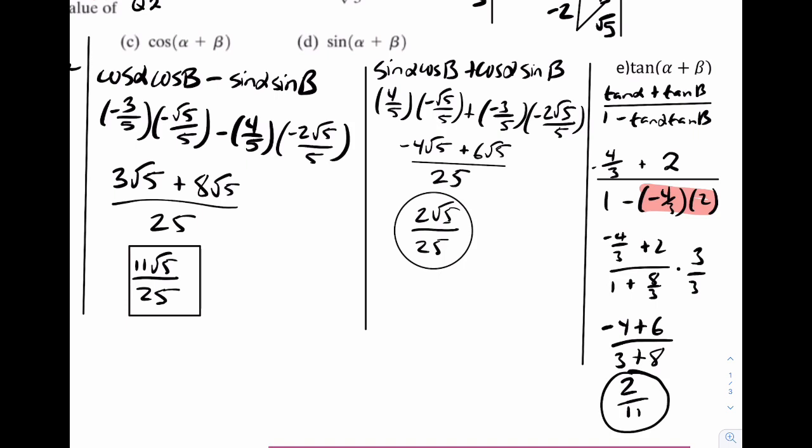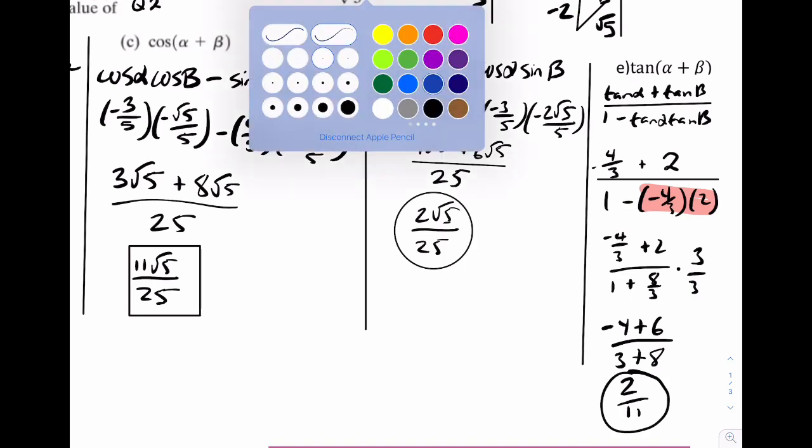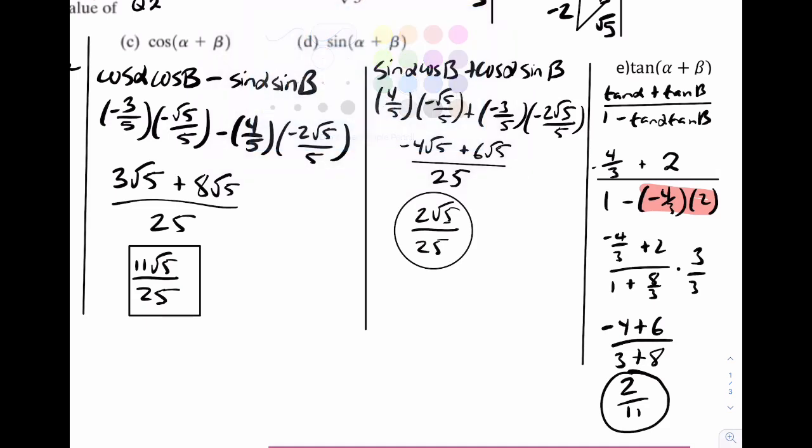And there it is. Now also notice there's a shortcut, so I'll put it in blue here. If you look at this part, C and D, notice how if you actually do this, 2 root 5 over 25, over 11 root 5 over 25, the 25's cancel, the root 5's cancel, and you still get 2 over 11.